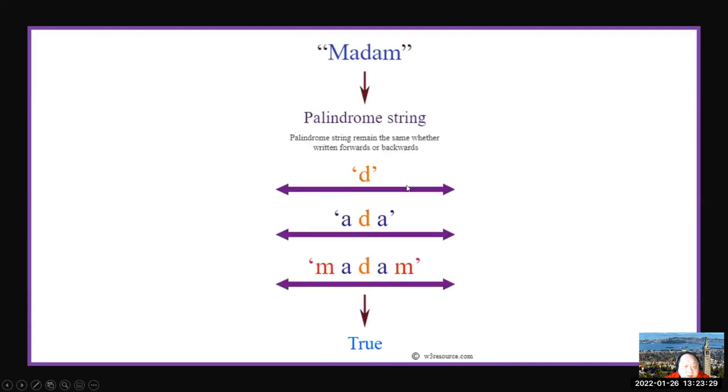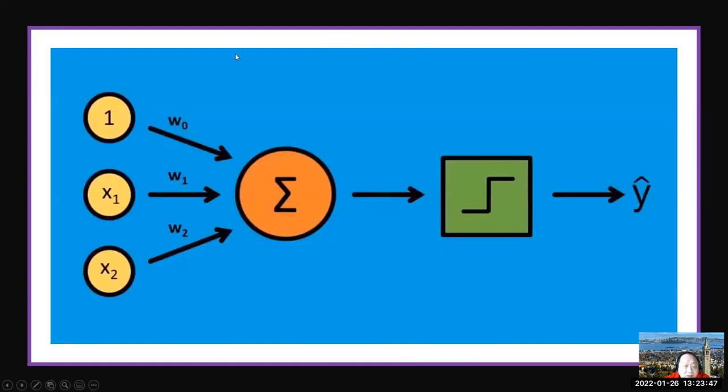So you have a word method and you try to check palindrome of it. You check single letter, check two letters, and check another layer. So the palindrome function can also benefit from chaining. And here we have neural network processing. We have value and weight, and then sum up and make decision.